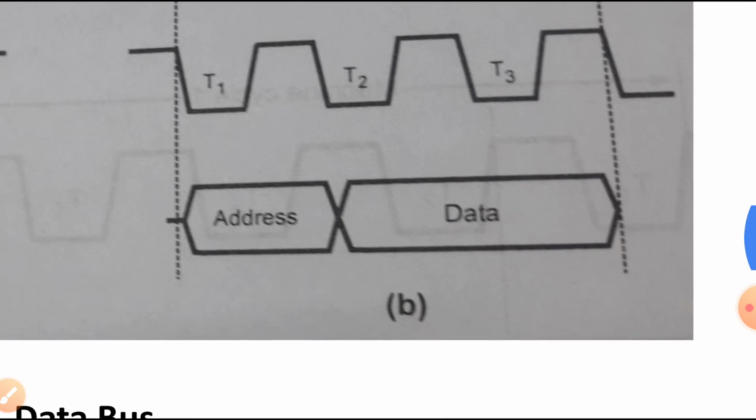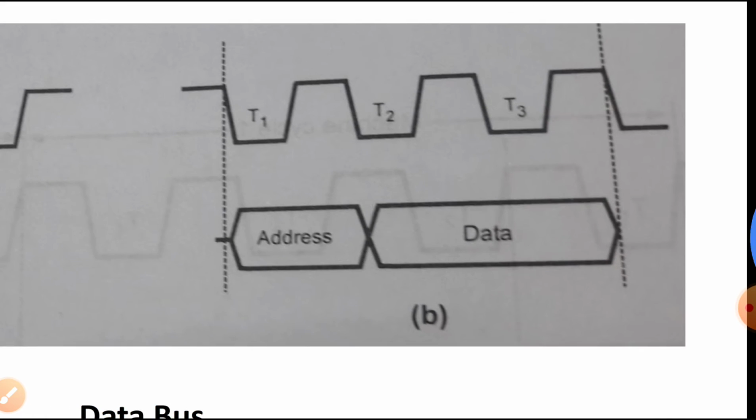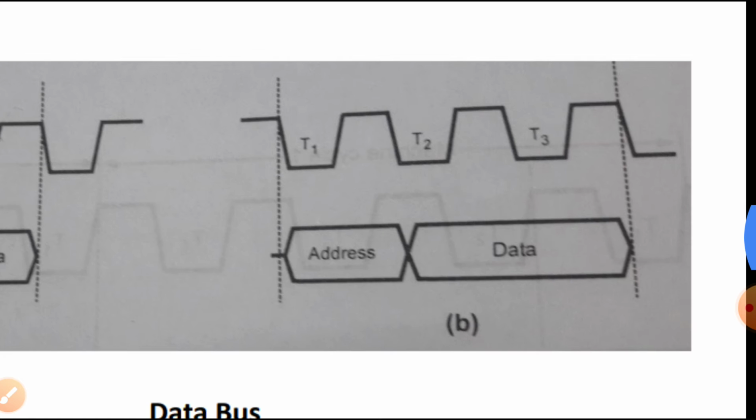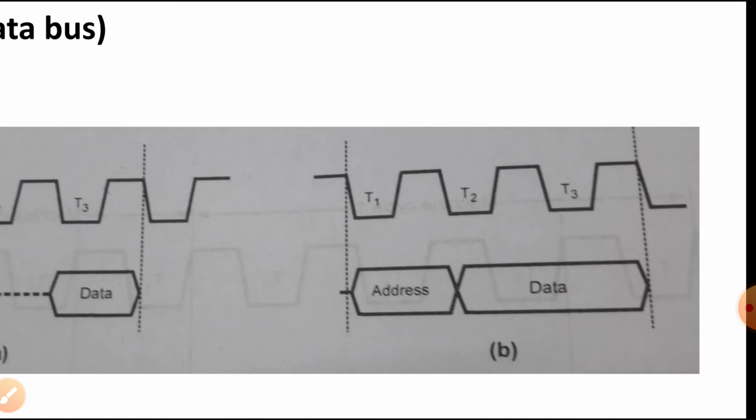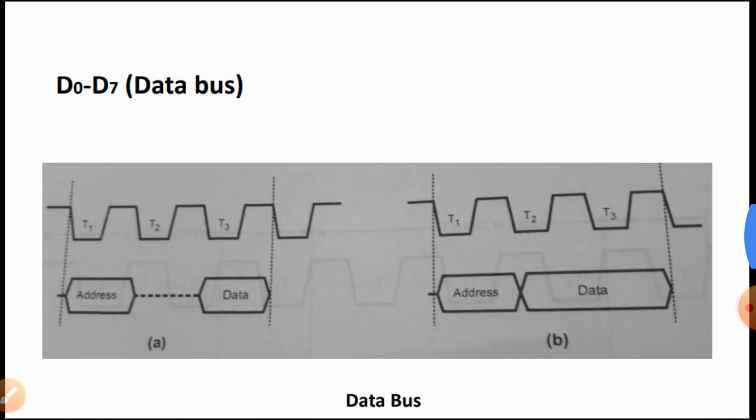To read data from the memory or the input output device, it is necessary to select the memory or the input output device first. After the selection is done, the device will put the data from the selected location onto the data bus. This action needs a finite time, which is known as the access time.